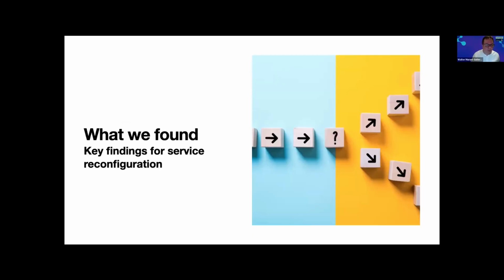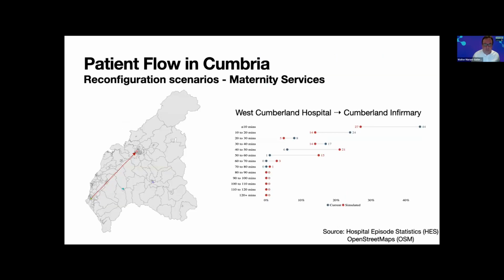And when we explore what could happen in several scenarios of service reconfiguration, I'm not going to be going one by one. I'm just interested in showing you the general pattern that we're seeing here. We have different travel time bands, and we have the percentage of people arriving within those travel time bands.